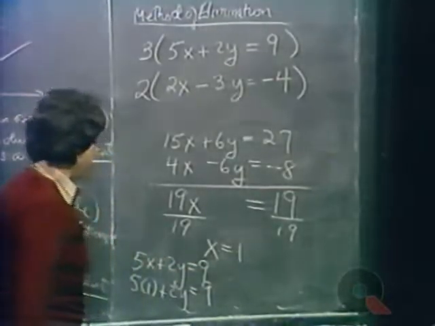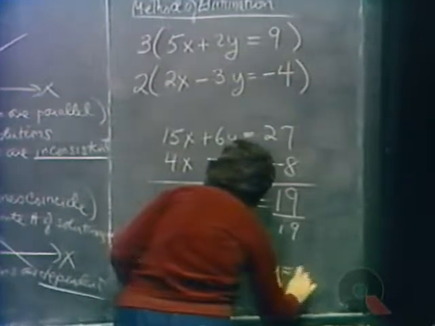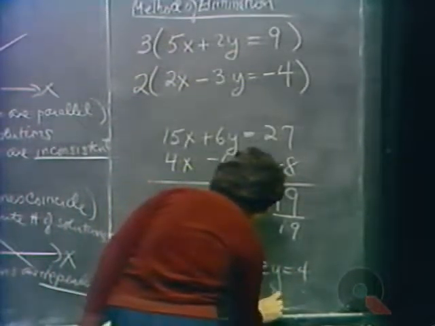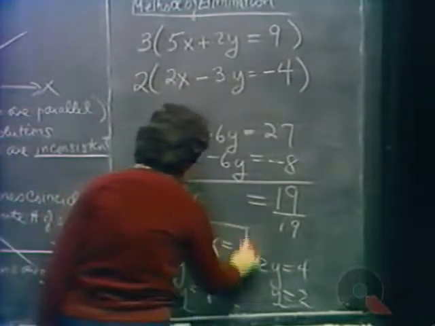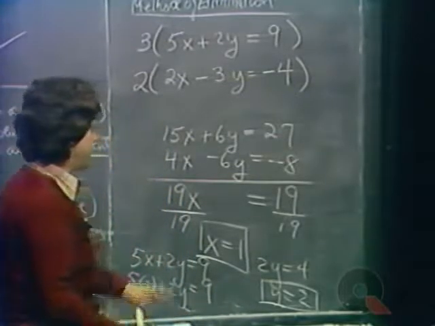Subtracting 5 from both sides of the equation, 2y equals 4, and dividing by 2, y equals 2. So we have x equals 1, y equals 2. And we're going to check that in a moment.